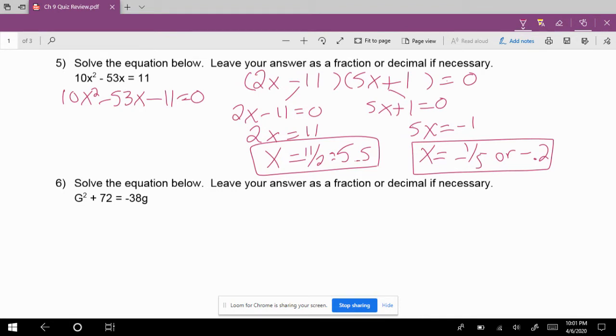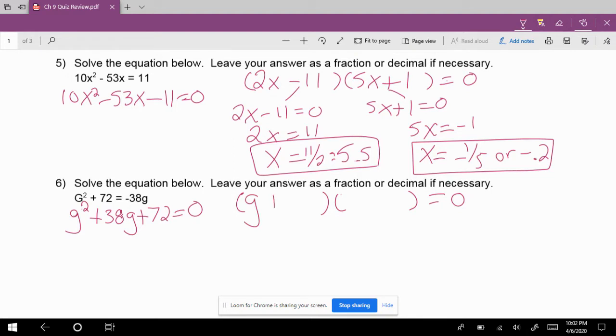And again, you can use the quadratic formula, but I find it easier if we can factor it. Okay, 6. Again, because I have that g, I cannot use the square root method. So I'm going to add 38g to both sides and make sure that when I rewrite it, I get it in standard form. So again, I look to see, can this one factor? And it can. It's nice that my leading coefficient is 1. That's a 1g squared.